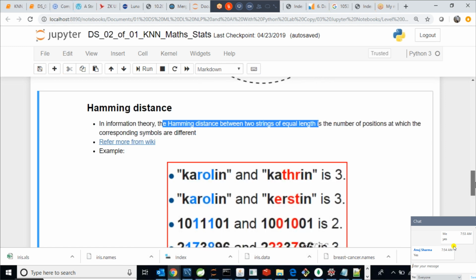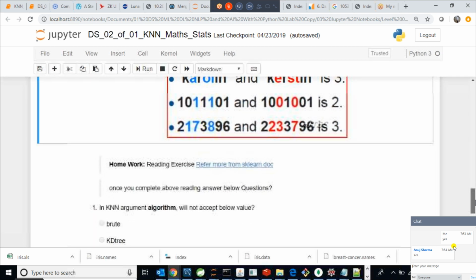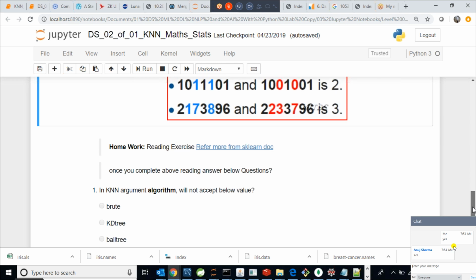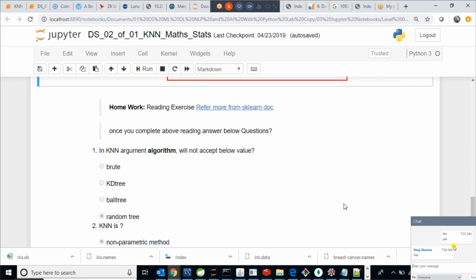So we'll see what a Hamming distance is. Then I will do some KNN algorithms, and we'll see what is brute, what is KD tree, what is ball tree, and what is random tree. So we'll see this kind of concept.